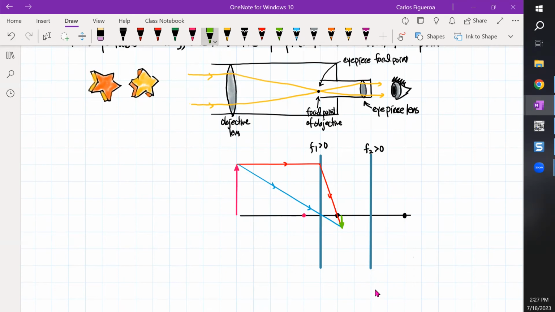That is image 2 here. So if I look at this, this guy right here, from here to here, that distance right there, this is S1.